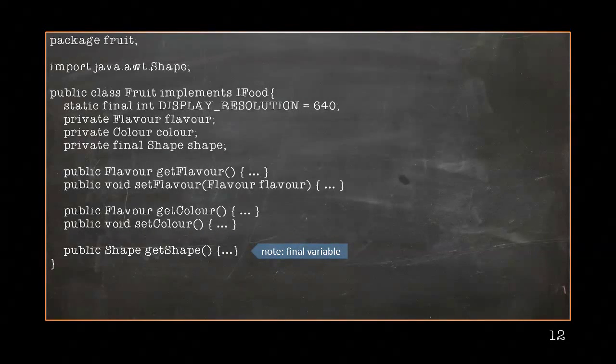Now at the bottom, there is only get shape. With the get shape, it's because I made shape final, we don't have to provide a setter. Or in the case that maybe we don't want someone outside using it or changing it, we'll get rid of the set. By doing this, it allows me to do things such as check the parameters of a method.